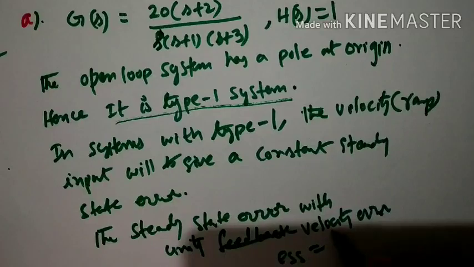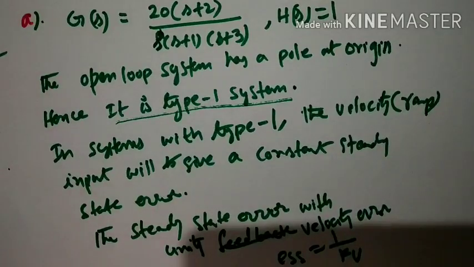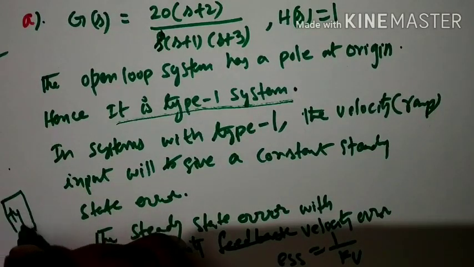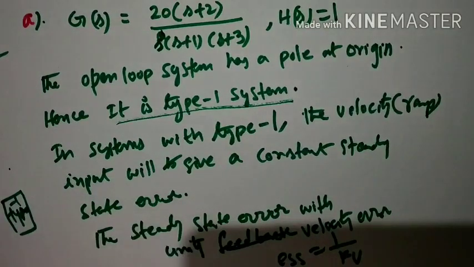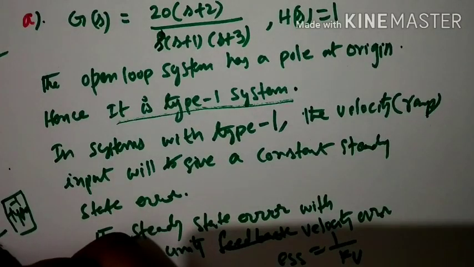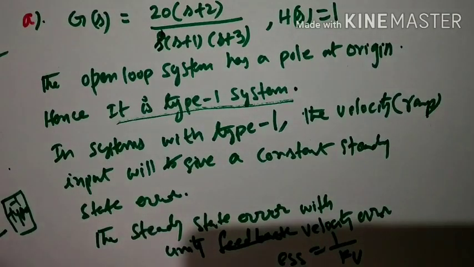You know that ESS is equal to 1 by Kv. When a type 1 system is subjected to a ramp signal, you get the steady state error as 1 by Kv.